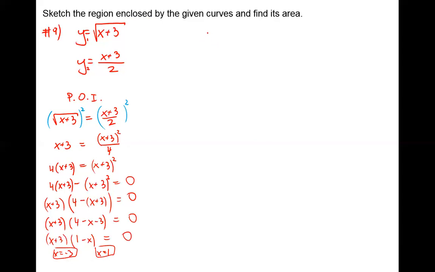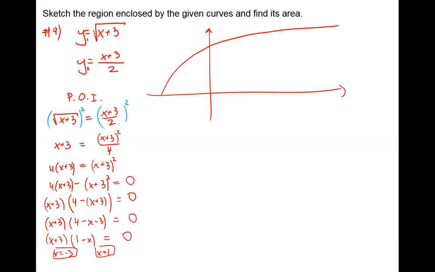Okay, let's try to get the graphs. The square root of x plus 3 is the function square root of x, but shifted 3 units to the left. So that's the graph. This is the square root of the quantity x plus 3. And then the second graph is just the linear function x over 2 plus 3 over 2.